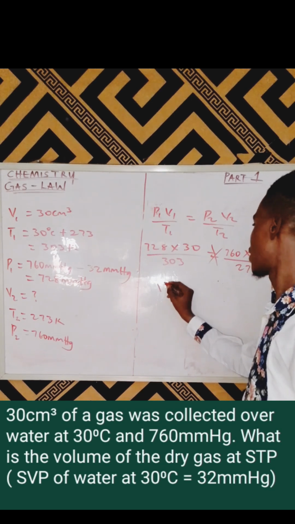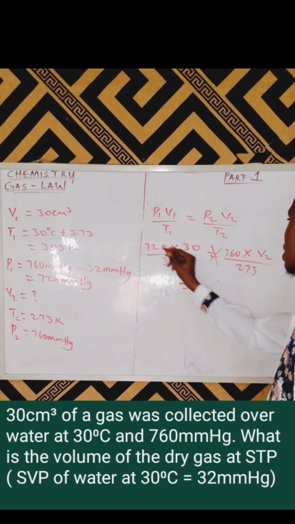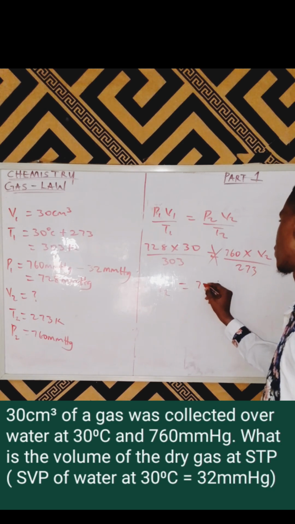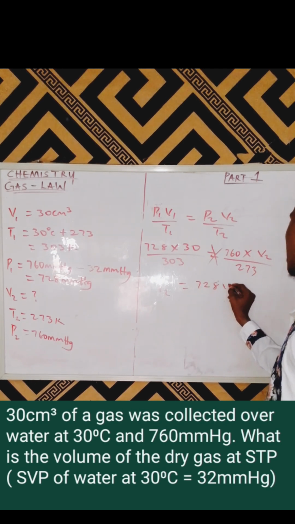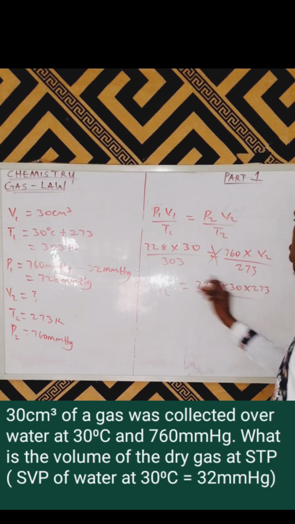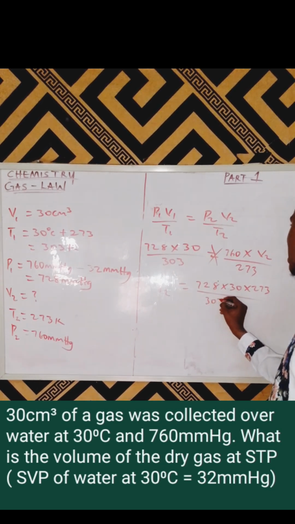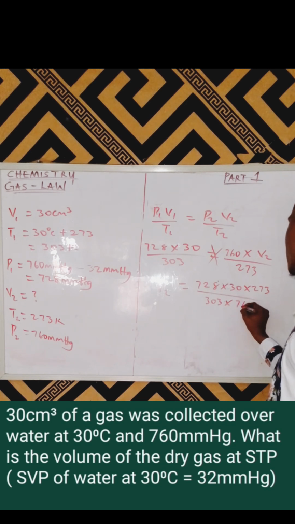So at the end of the day, I'm going to have V2. Let me just go to the point. V2 is going to be equal to 728 times 30 times 273, over all this, I divide both sides, that will be 303 times 760.